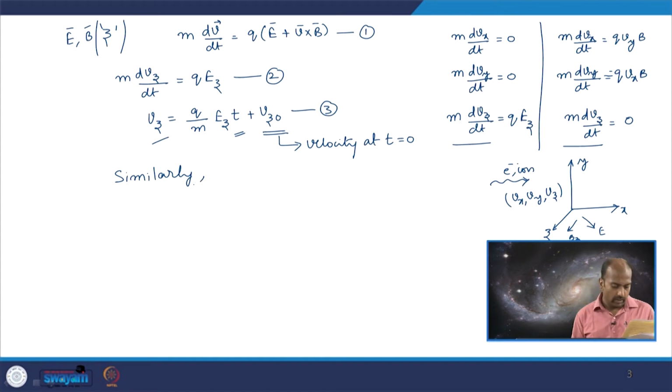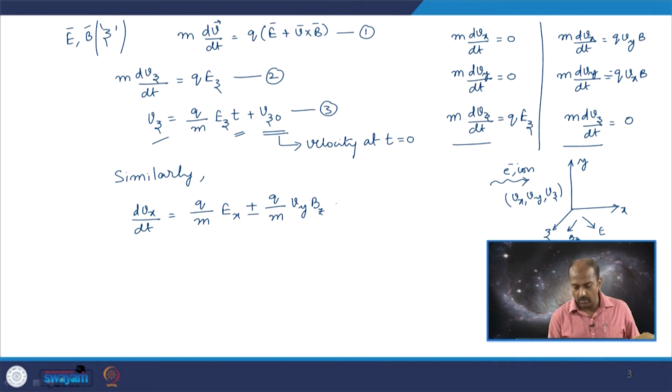Similarly, what we can write is dVx/dt equals q/m Ex plus or minus q/m Vy Bz.